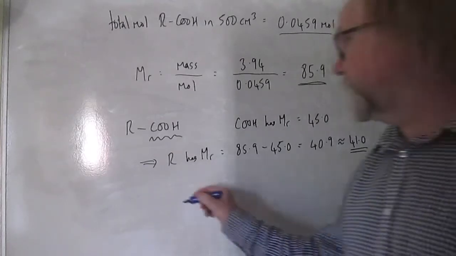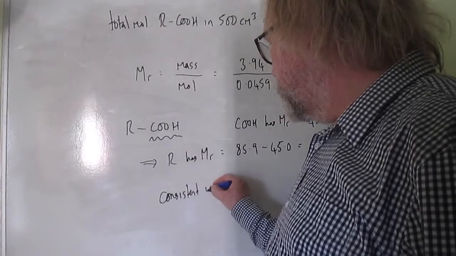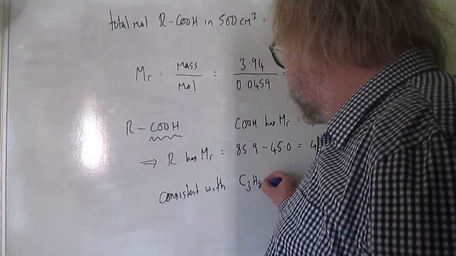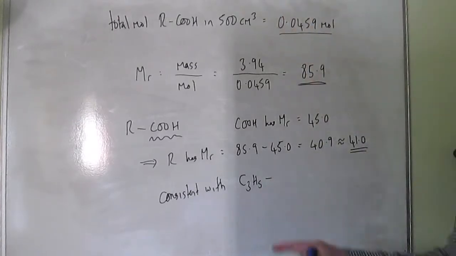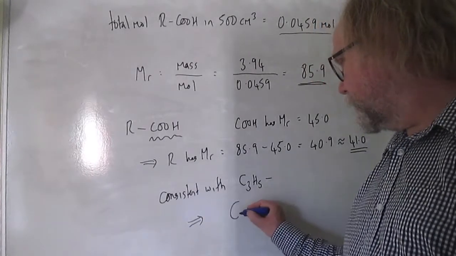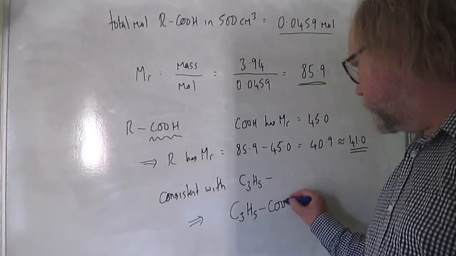So it's got to be C3H5, okay, because that has an MR of 41. Which means that the compound, because we've got to write out the proper formula, is C3H5COOH.